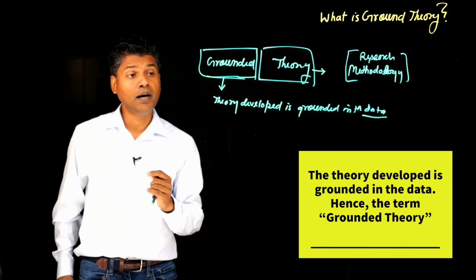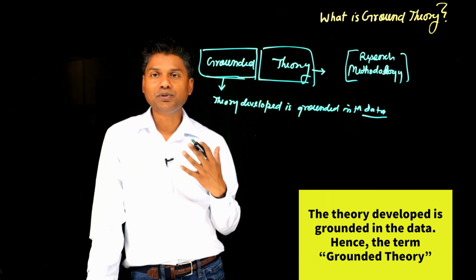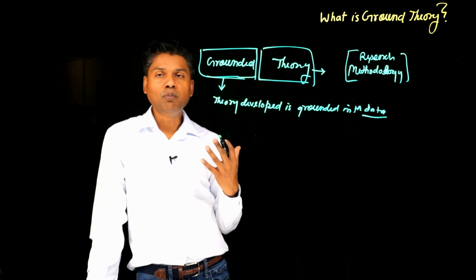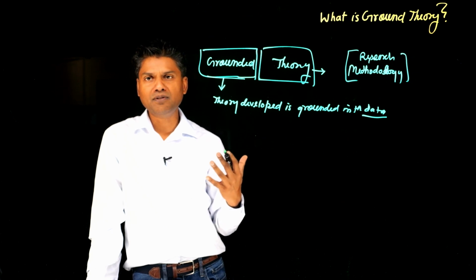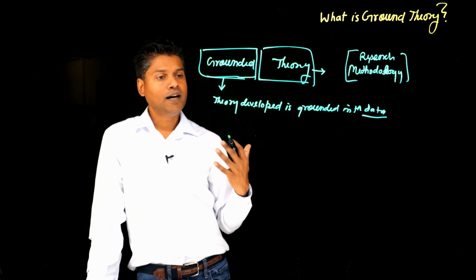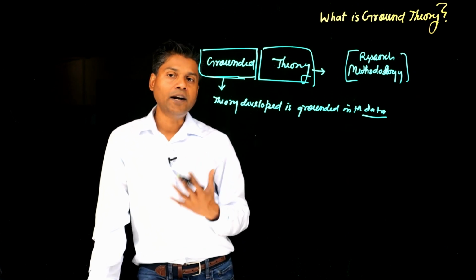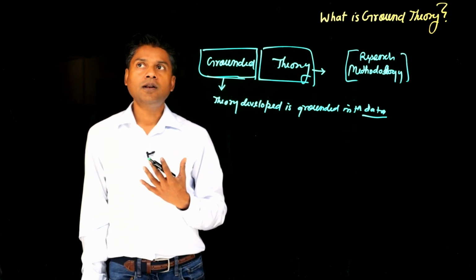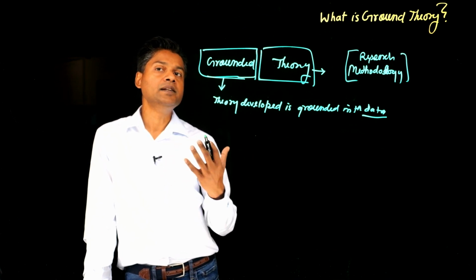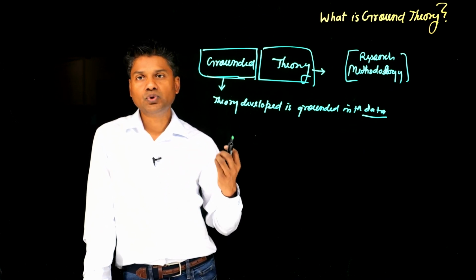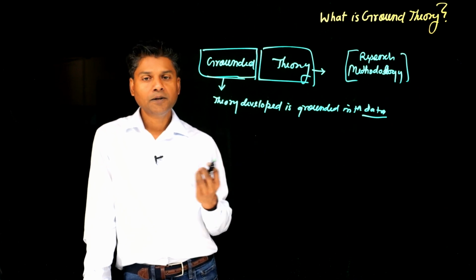Another thing to keep in mind is that when you hear the word theory, people have different perceptions. Sometimes the moment you hear the word theory, you think about some grand theory, the theory of evolution by Darwin, or Einstein's theory of relativity. Remember, the theories in hardcore sciences have more power of generalizability than the theories in social sciences, sociology, and psychology.